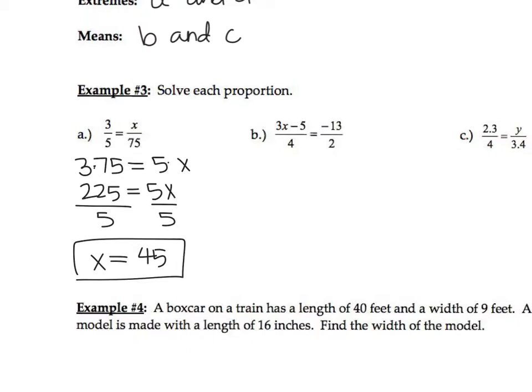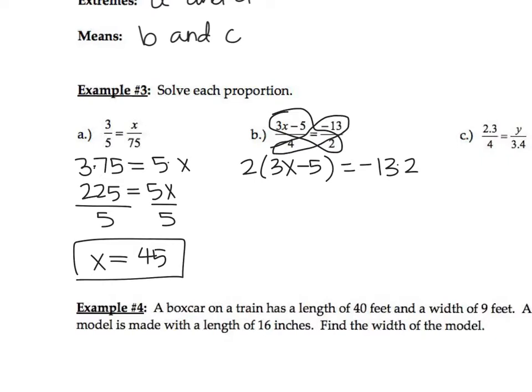So next we have 3x minus 5 over 4 equals negative 13 over 2. So again, we're solving for the value of x that makes those two ratios the same. So we multiply the extremes by the means. So that would be 2 times 3x minus 5 equals negative 13 times 2. So basically cross multiplication. So we're multiplying across.